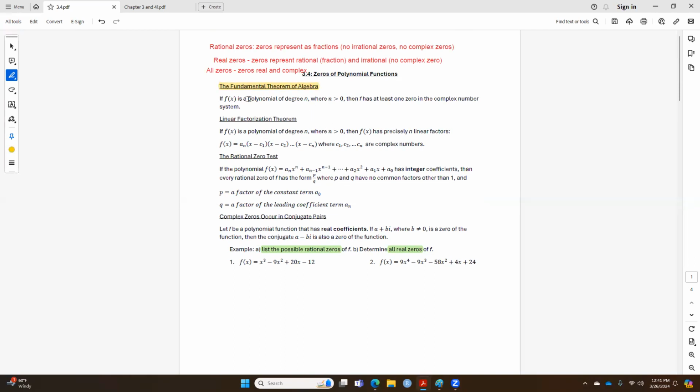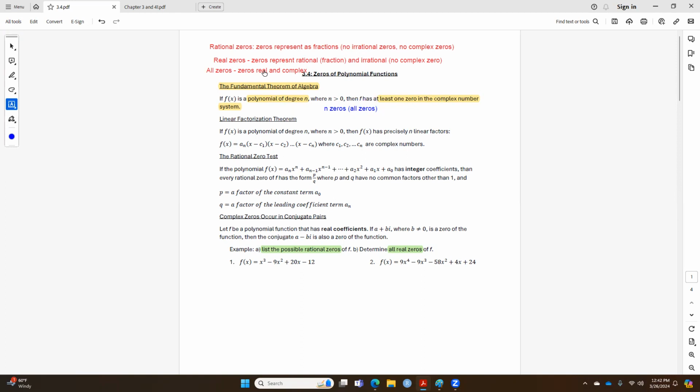It says that if you have a polynomial of degree n, then you will have at least one zero in the complex numbers. Put in context for this case, the fundamental theorem of algebra says that if you have a polynomial of degree n, then you should have n zeros, and these zeros can be all types of zeros. Again, what is the meaning when I say all types of zeros? Your zeros can be real, your zeros can be complex.